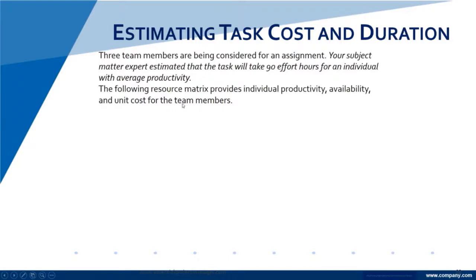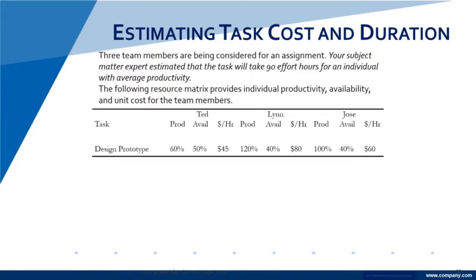So we're looking at the specifics. We're going from a general case to a specific case where the actual individual productivity, availability, are they there? And the unit cost, what actually does it cost me for this person, is taken into account. So here, we are looking at a design prototype that we have Ted and Lynn and Jose.